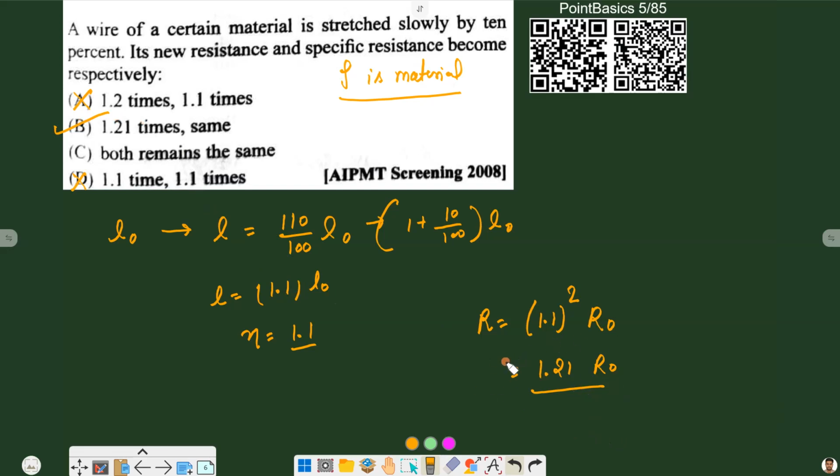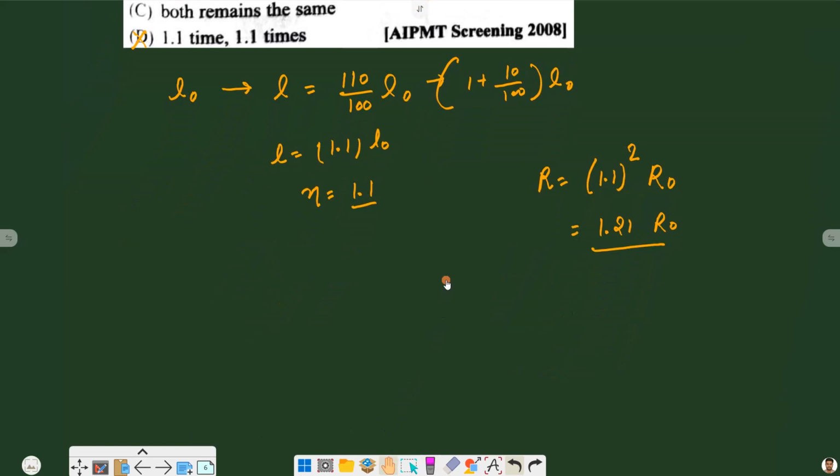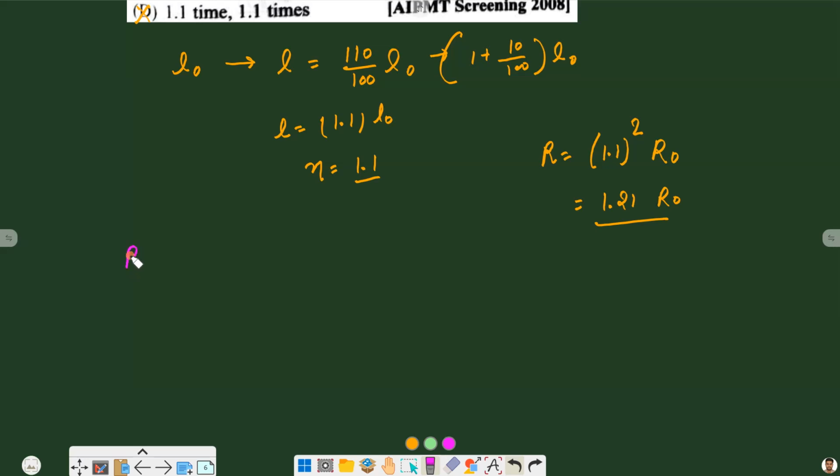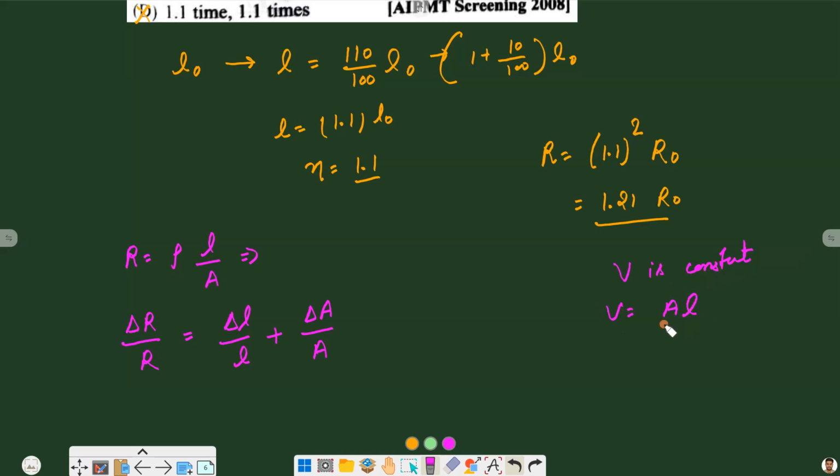We can also solve this type of question using error analysis, and let's do that. So we know that R is equal to rho L by A, and now change in R means the relative error in R will be equal to, as rho is a material property, there will be no error in this, so it will be delta L by L plus delta A by A. This will be the value for relative error or relative change, and we know that volume is constant and volume is equal to area into length.